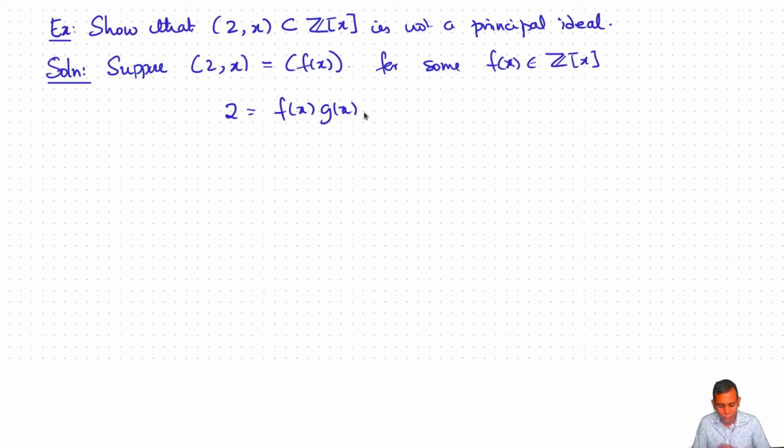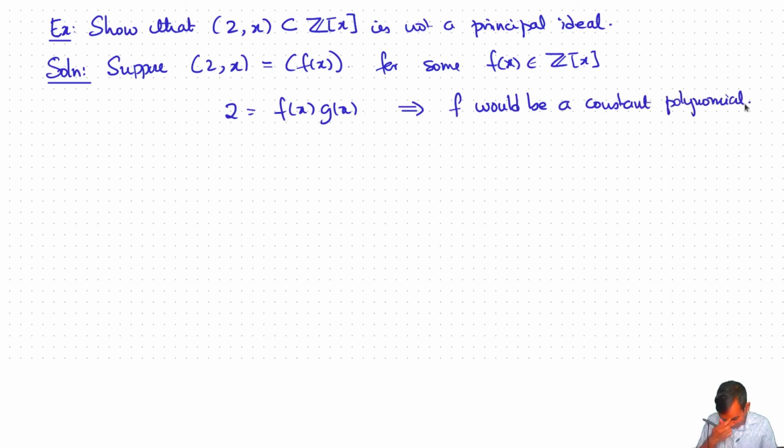So the degree of 2, which is 0, would be the sum of the degrees of f and g. Therefore, f would have to be of degree 0, which means that f would have to be a constant polynomial. Okay. And moreover, f would be equal to 1 or f would be equal to 2 because it would have to divide 2.